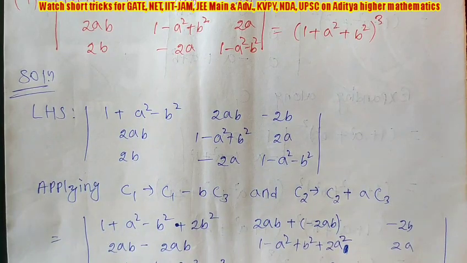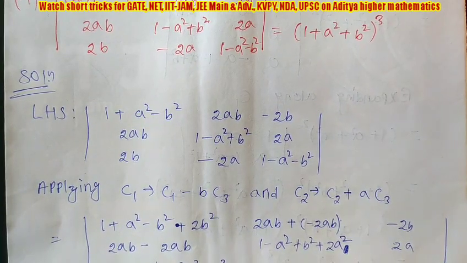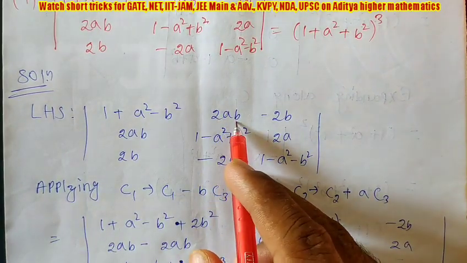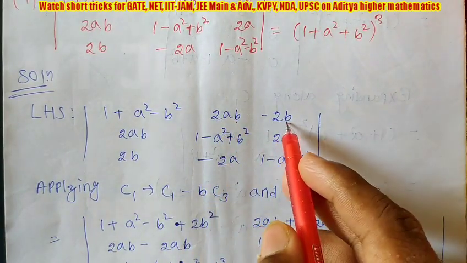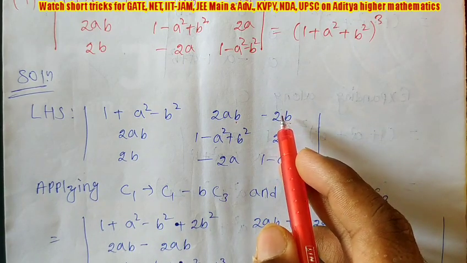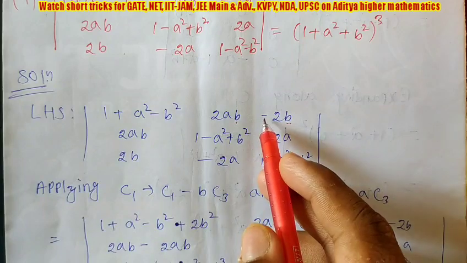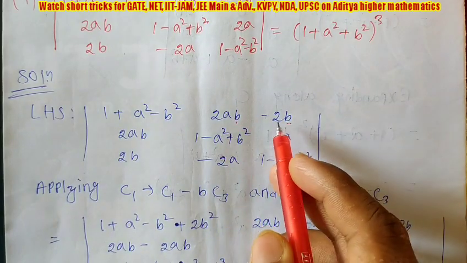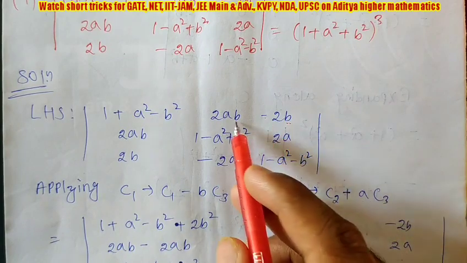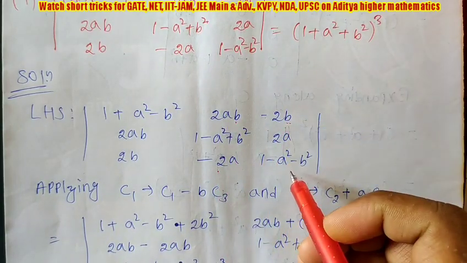Which elements can we make 0? You can see this element is given 2AB and this is given minus 2B. If I multiply here with A, then we will get minus 2AB. Since its sign is plus and its sign is minus, if we add both, then we will get 0. Simple. Which is column 2, which is column 3.